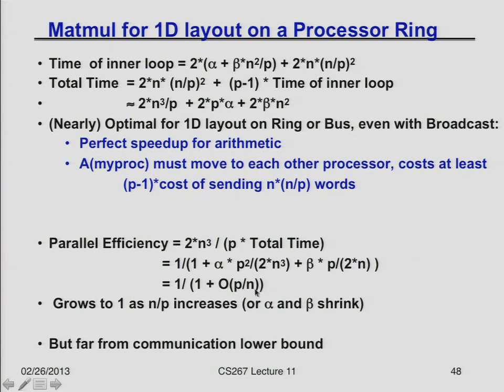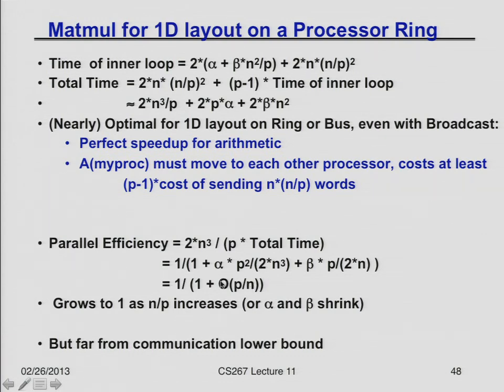So what does that tell me? That tells me if my matrix is really big, n is really big compared to the number of processors, so that p over n is small, then my efficiency will be close to 1, and I will have good speedup. Even though I'm communicating much more than necessary, once the problem gets big enough, it's basically all dominated by the arithmetic. And so the communication isn't so important. That's what this tells me.